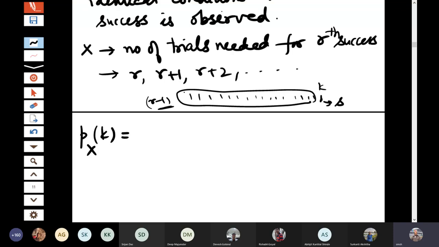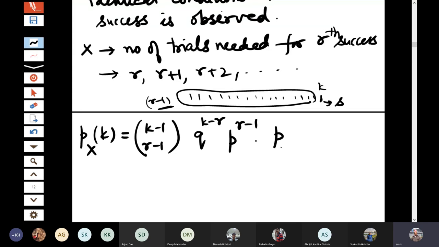So in the previous k minus 1 trials you have r minus 1 successes, and the probability of that is p to the power r minus 1 and q to the power k minus r. And the last one is a success, so again you multiply by p. This p and p to the power r minus 1 can be combined, so I can write it as p to the power r here. Here k is equal to r, r plus 1, and so on.